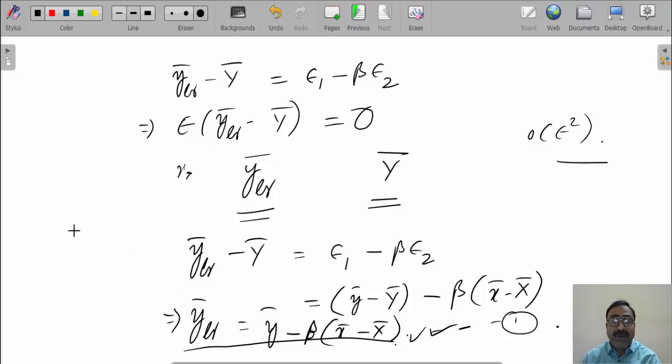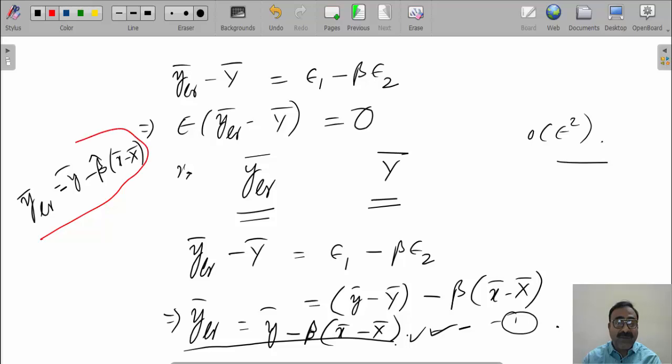So we have already the linear regression estimator YLR bar equal to y bar minus beta cap into small x bar minus capital X bar. So now from this equation and this equation, we have seen this is approximately equal up to order of epsilon square.